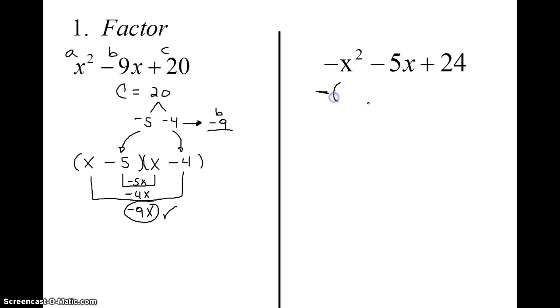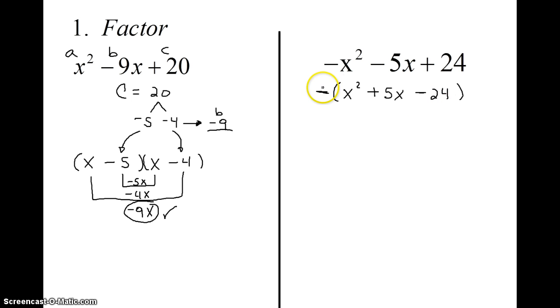I'm going to put a big parenthesis here. When you factor out the negative, you have to change the signs of the trinomial. So this becomes positive x squared. This one, plus 5x, change the sign. This one, change the sign, negative 24.